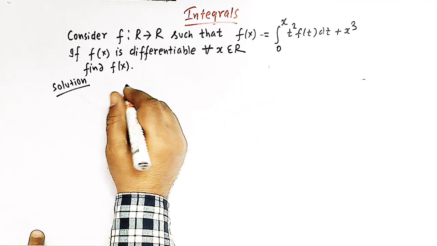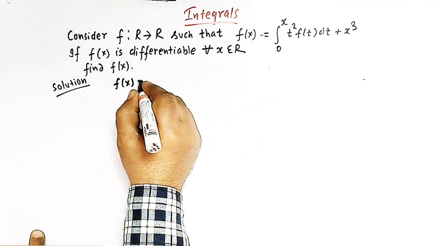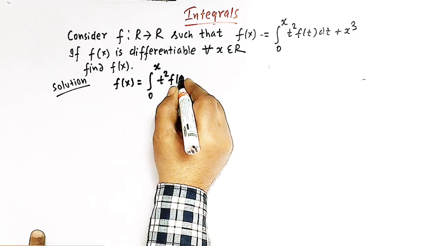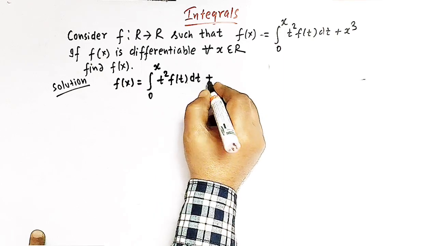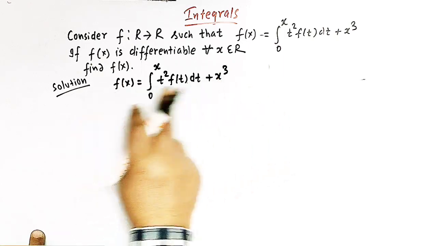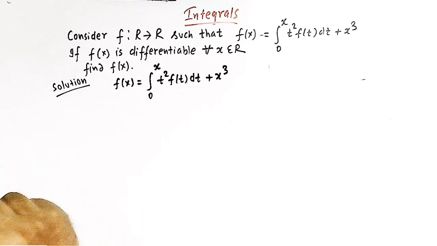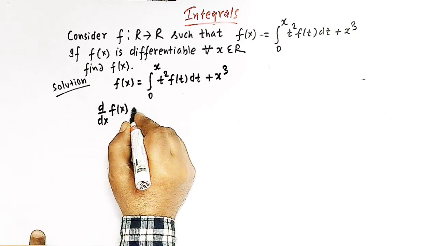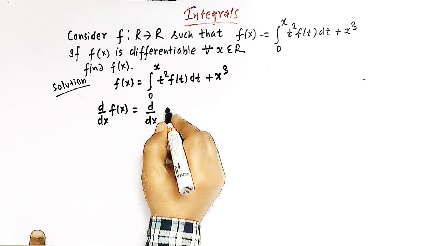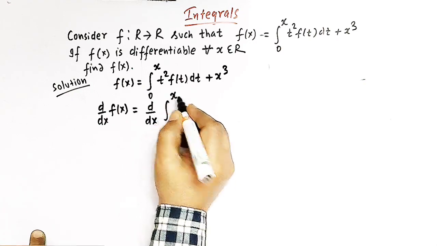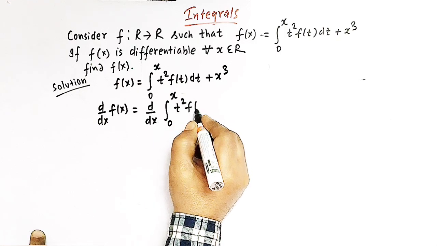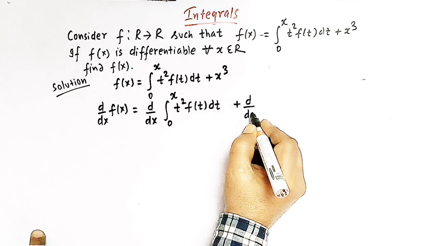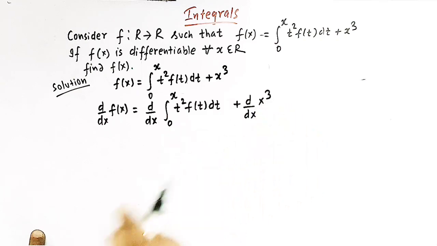So here we are given f(x) is equal to the integral from 0 to x of t squared f(t) dt plus x cubed. Now let us differentiate both sides with respect to x. So we have d/dx of f(x), d/dx of this integral from 0 to x of t squared f(t) dt, and then we differentiate x cubed with respect to x.